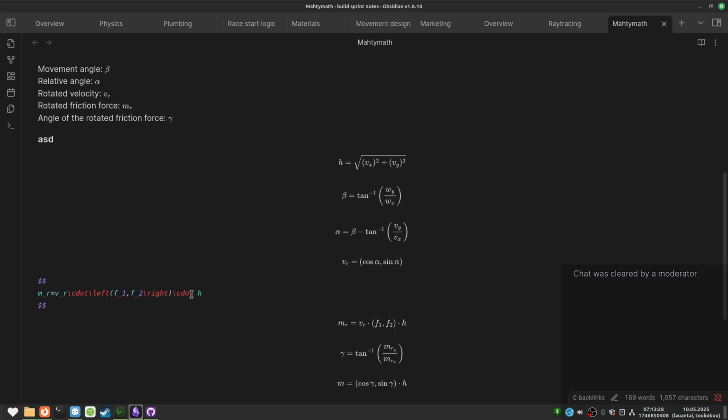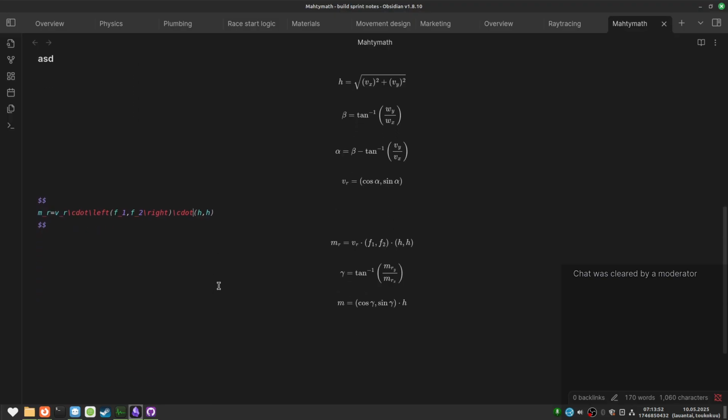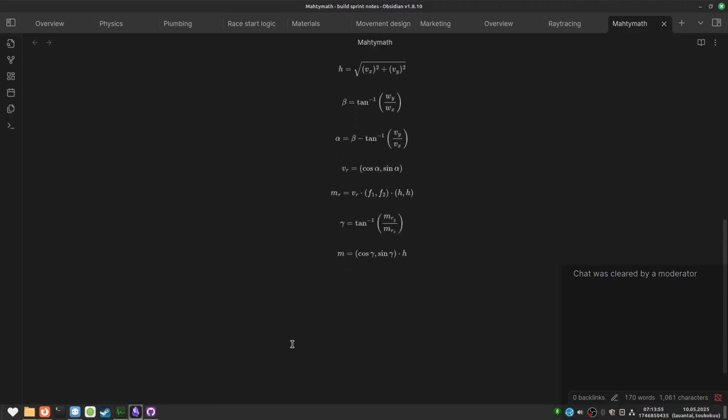I hit the angle. I'm thinking that the length of the rotated movement vector... No, it's not going to be just the friction constants taken into account like that.